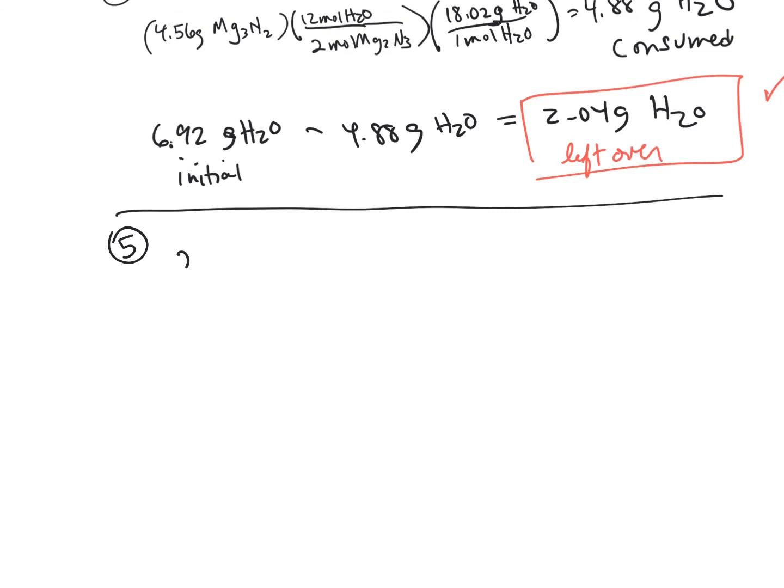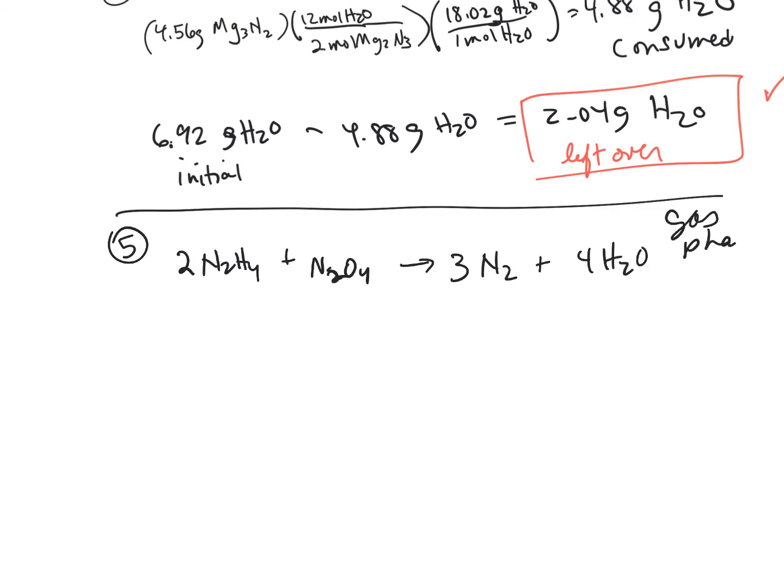You've got 2 N2H4. Everything's in the gas phase, so I'm going to leave that off. Plus N2O4 forms 3 N2 plus 4 H2O, all in the gas phase.